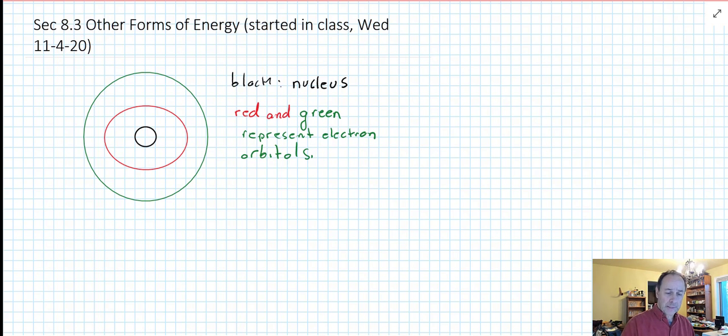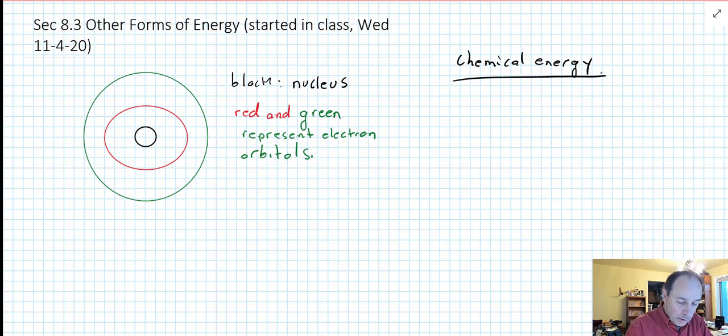So moving on from that, since we're on the atomic level, let's take a look at chemical energy. Okay, chemical energy. Heat given off in reactions, energy given off rapidly in an explosion, light given off by a candle.